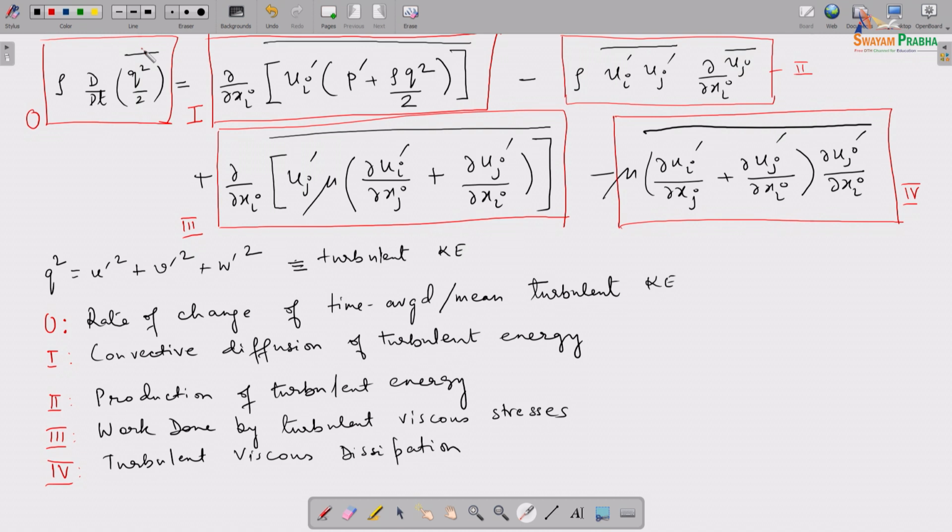That is given by four quantities here. The first one is a convective diffusion of turbulent energy, there is a production of turbulent energy, there is work done by turbulent viscous forces, and there is also turbulent dissipation.